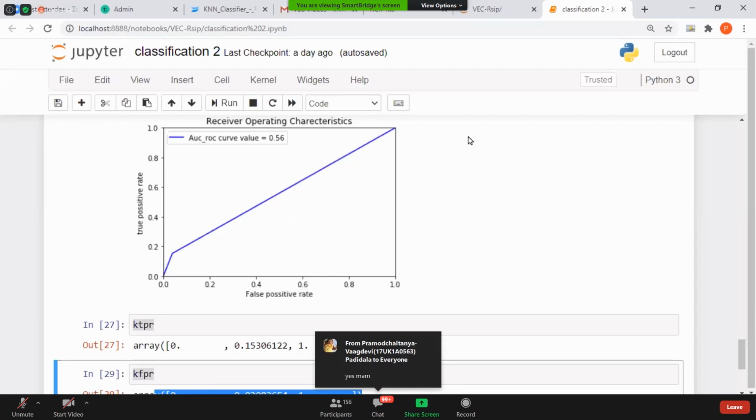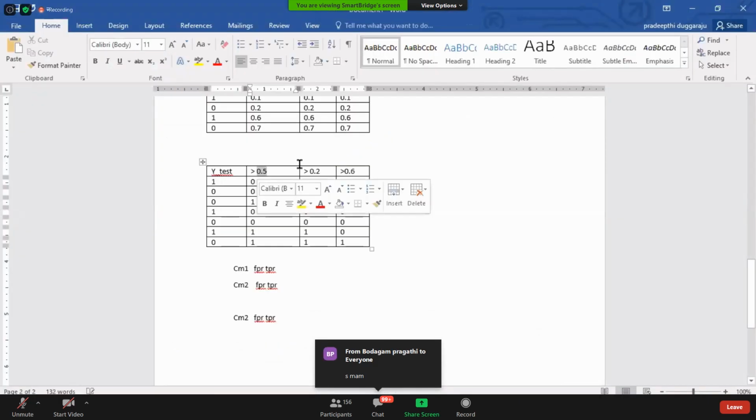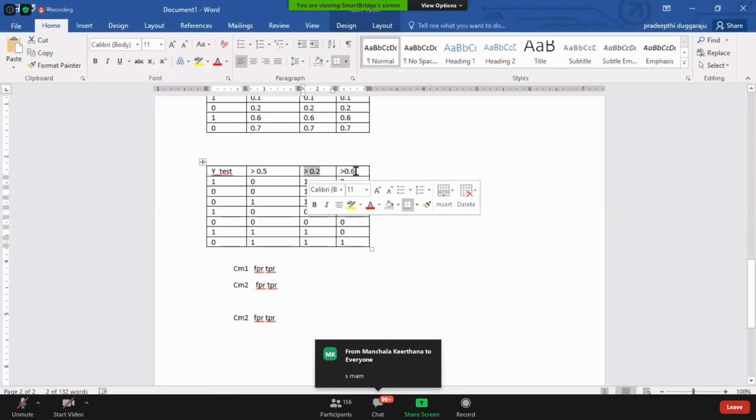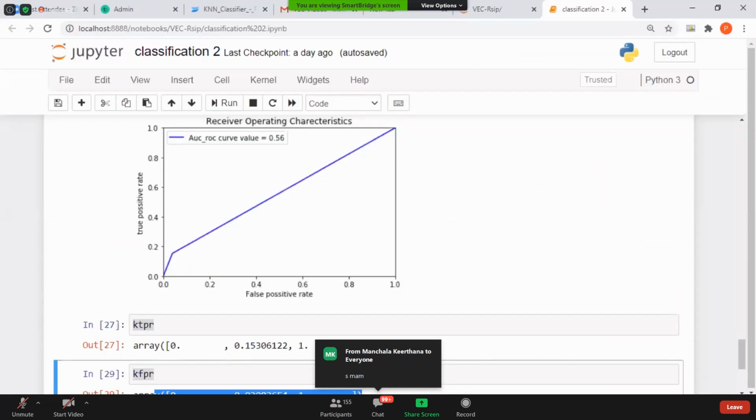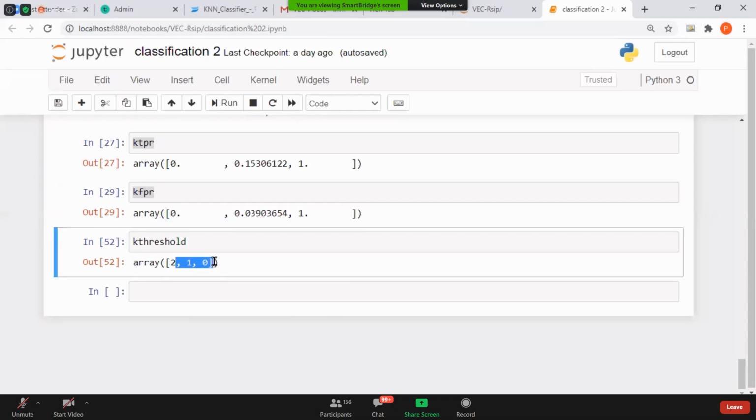And a task for you. I have taken 0.5, 0.2, 0.6. Fine. But why has my machine learning model taken the threshold as 2, 1, and 0? That is your task.